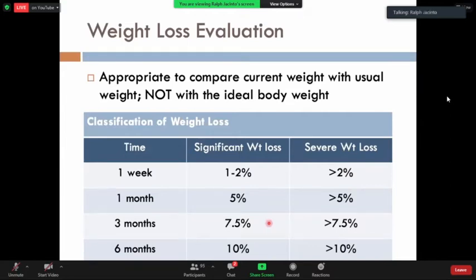Generally, we will only say that it is significant if after a month there is a 5% decrease in our weight, or in 6 months there is a 10% decrease. We do not want severe weight loss because it might predispose us to other clinical conditions.